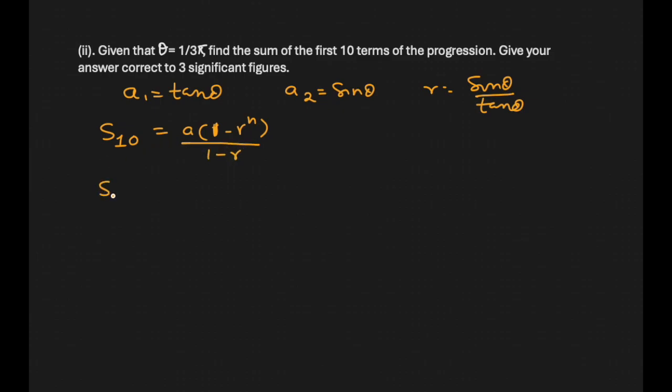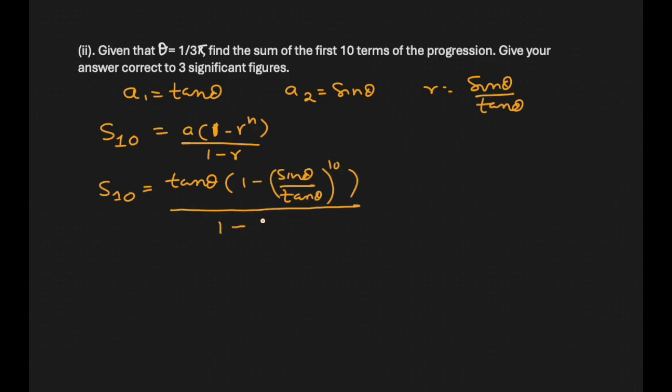So in this case S10 will be: the first term is tan theta, times 1 minus, r being sine theta over tan theta, to the power n, which is 10 in this case, divided by 1 minus sine theta over tan theta.